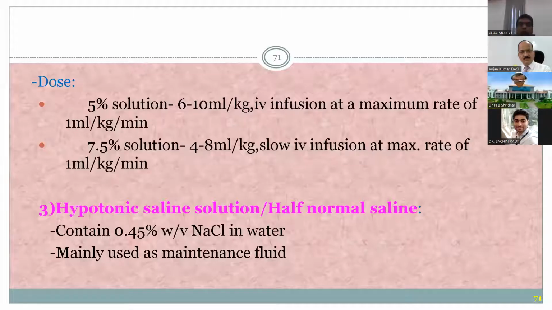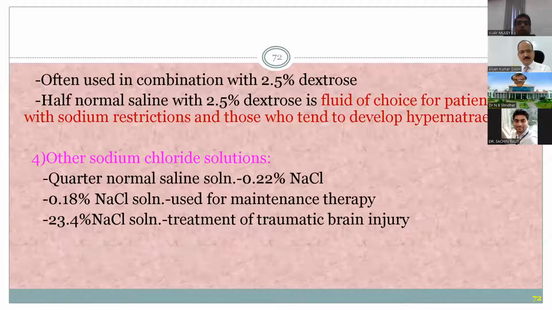Then hypotonic saline solutions are usually half of normal saline, that's 0.45% weight by volume sodium chloride in water, mainly used as maintenance fluid. Half normal saline with 2.5% dextrose is the fluid of choice especially for patients with sodium restrictions and those who tend to develop hypernatremia.